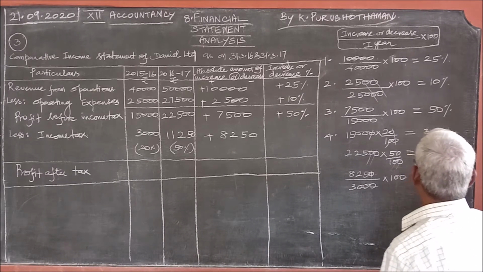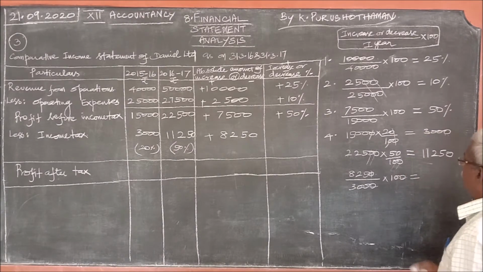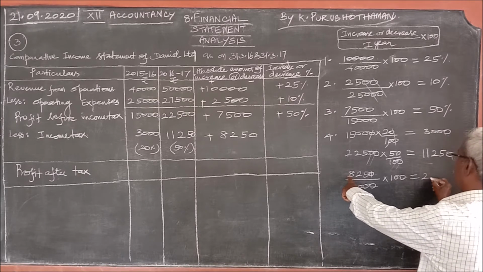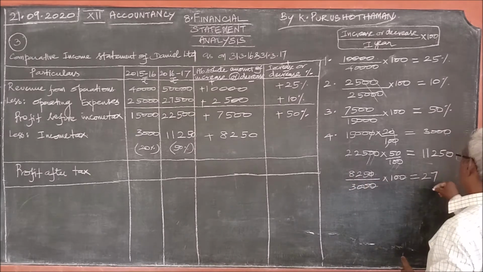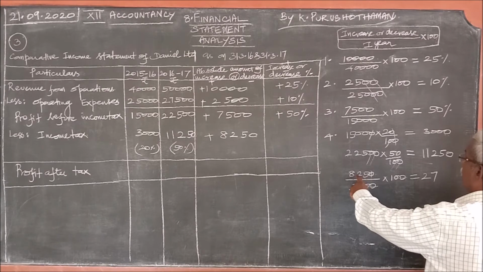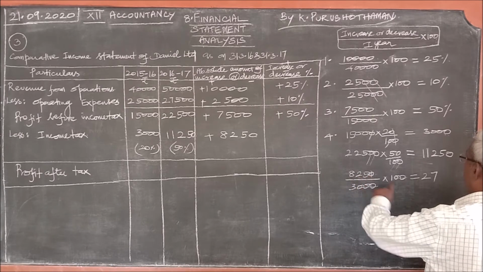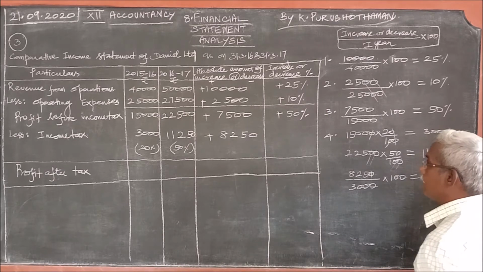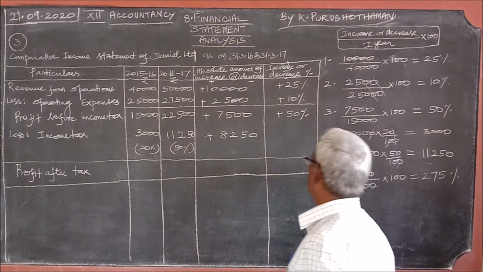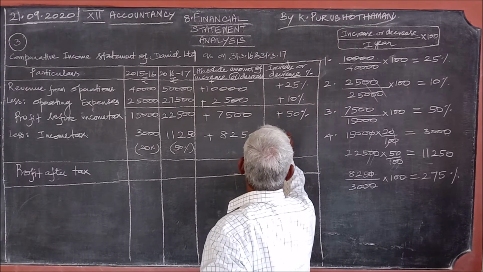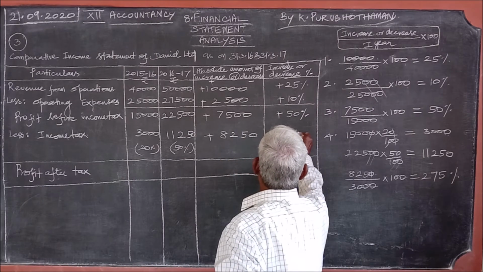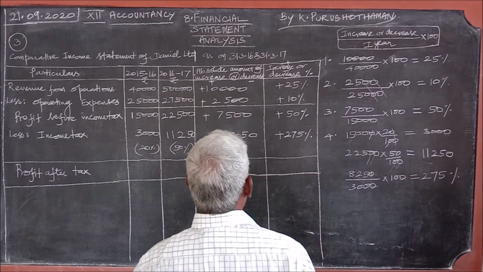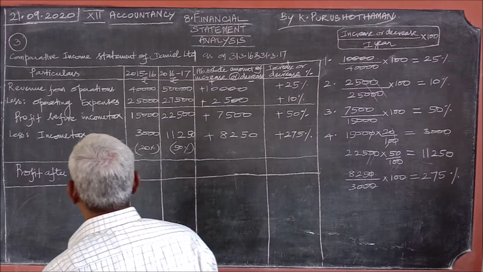Divide it by 3, you will find the increase percentage. 825 by 3, 275%. 275% increase.